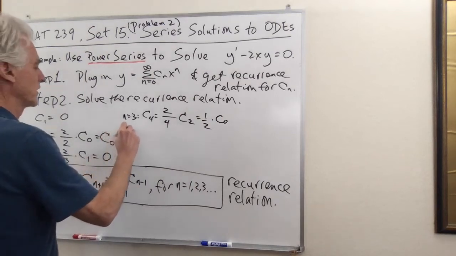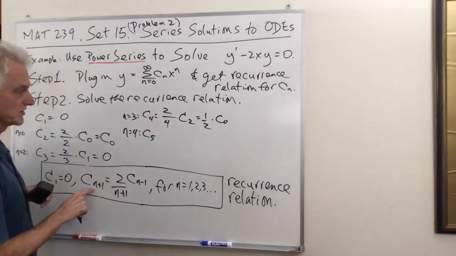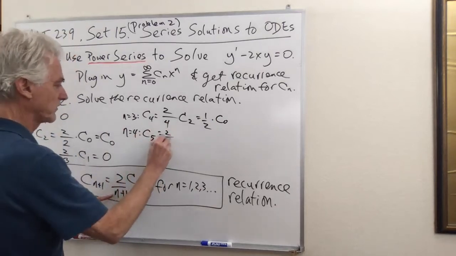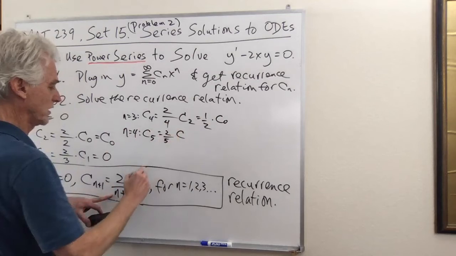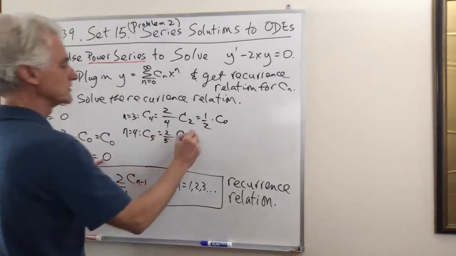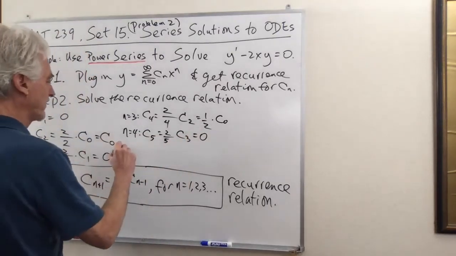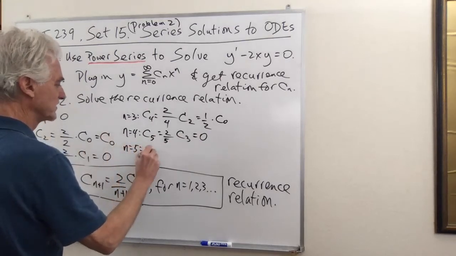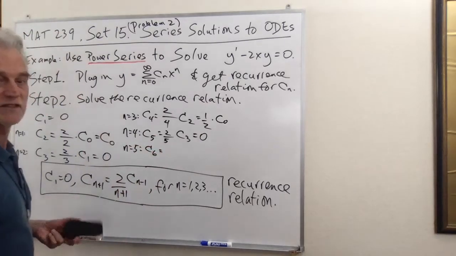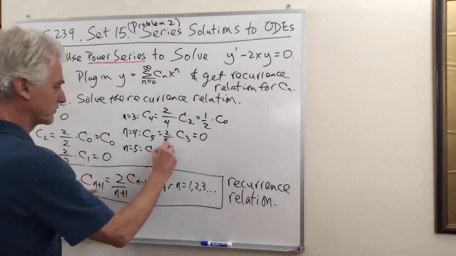And then we could do n is 4, we get C5, and then n is 4, C5 is 2 over 5 times C3. Oh, but C3 was 0. So this is equal to 0 too, as well. And then we have n equals 5, we get C6. One of the things that often happens, you notice, that number is the same, so it's going to be 2 over 6.